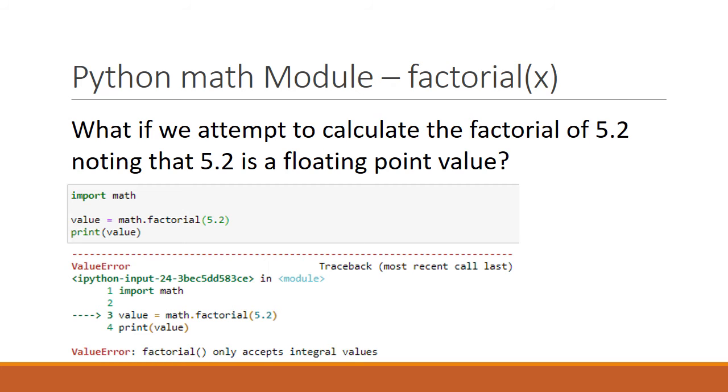You can see at line 3, where the value is assigned math.factorial(5.2), that's where the error is generated. The type of error that is generated is a ValueError. And the information that describes the error says that factorial only accepts integers.